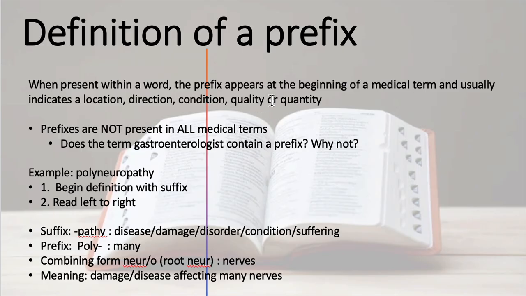So as I said, prefixes will indicate location, direction, quality, quantity, condition. So if that particular component part falls under any of those categories, this provides evidence that it is a prefix.